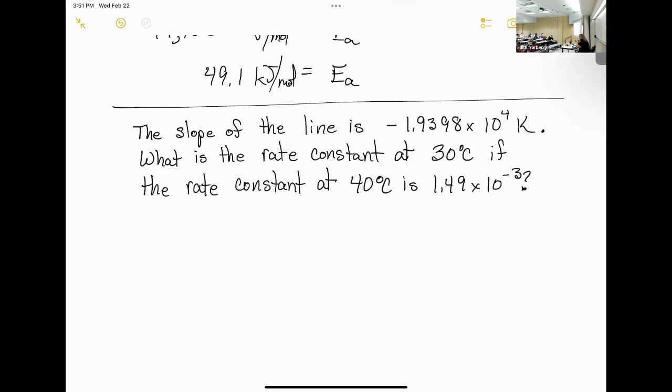And the units there are per molar second. I want to give you a few minutes to work on it, and then I'll come in.